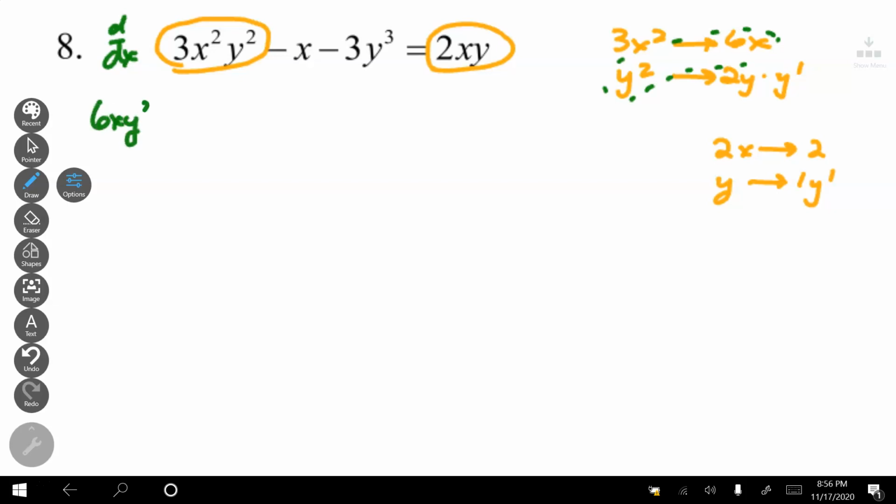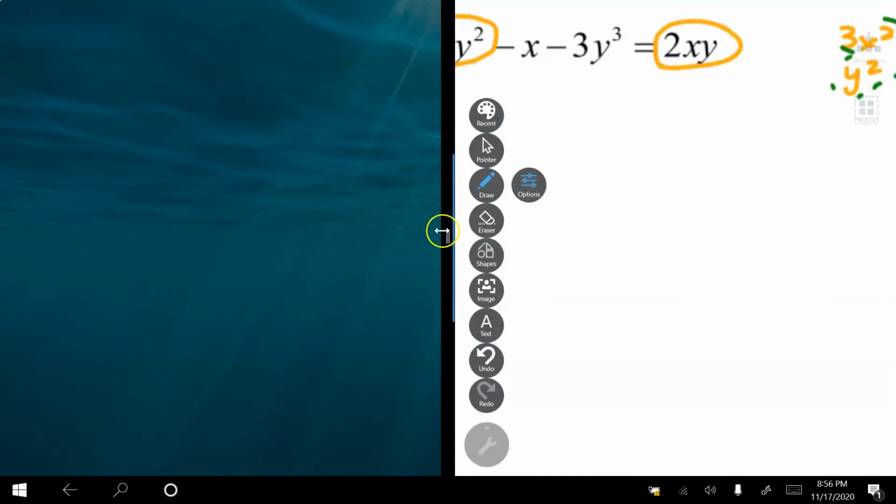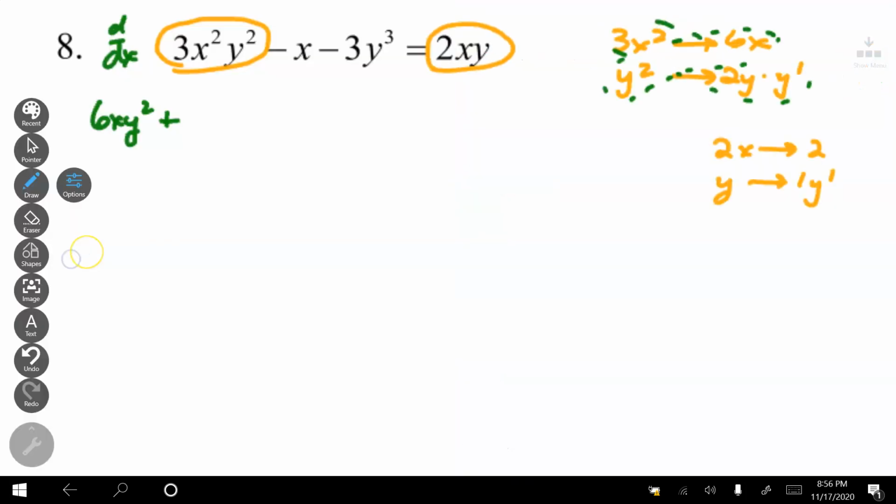(6x y squared) plus, and I do it this way, I multiply the numbers first. 3 times 2 is 6. I get an x squared. I get a y. I have a y prime. And I have a minus 1 for this x.